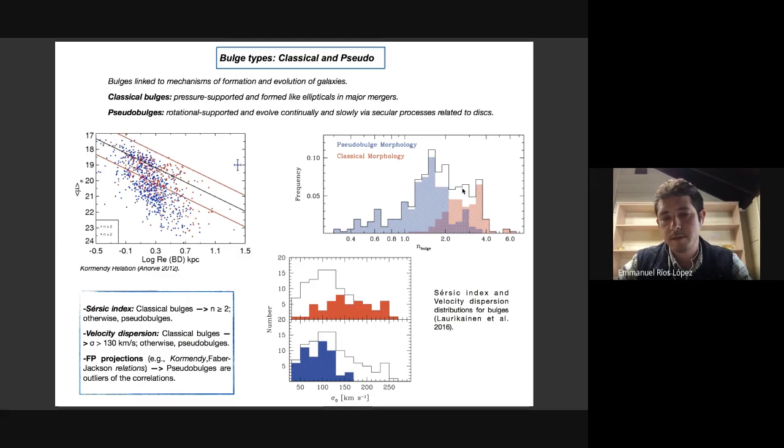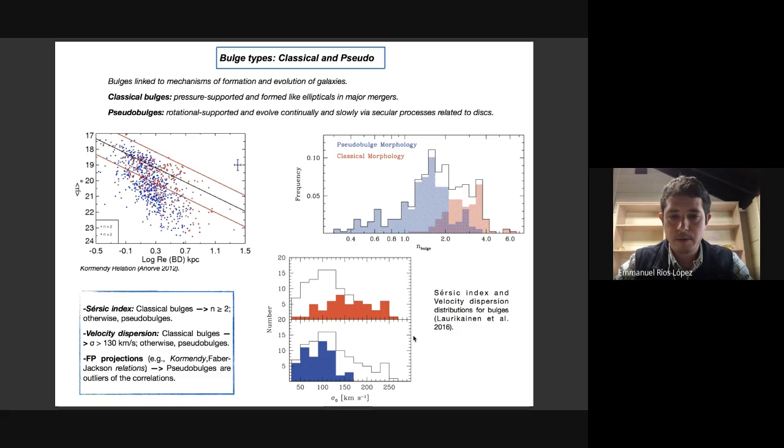The red histogram is for classical bulges, while the blue one is for pseudobulges. Regarding the Sérsic index, we take a Sérsic index greater than 2 as a threshold, so those targets with a Sérsic index greater than 2 will be considered classical.